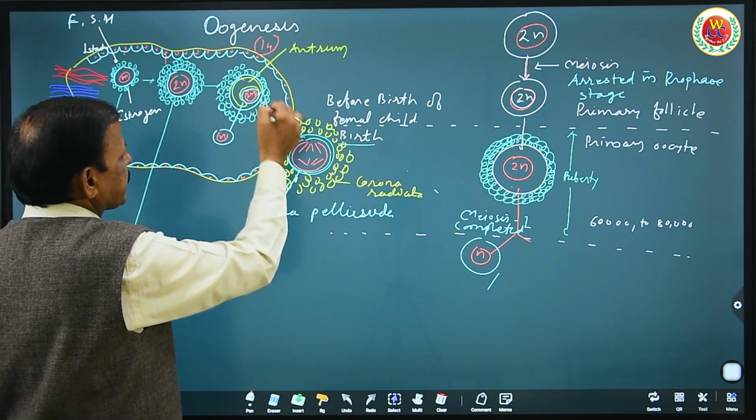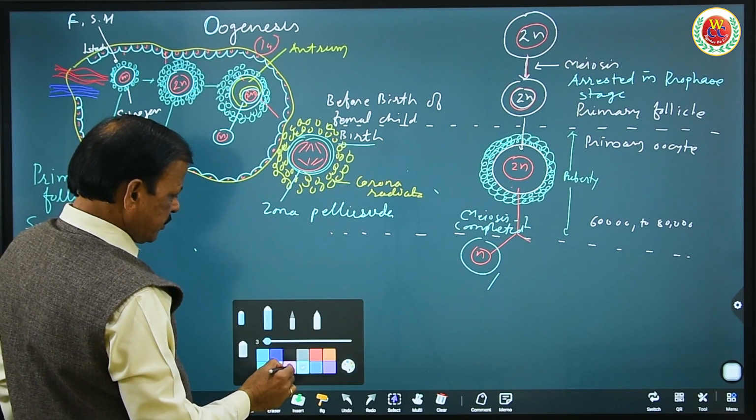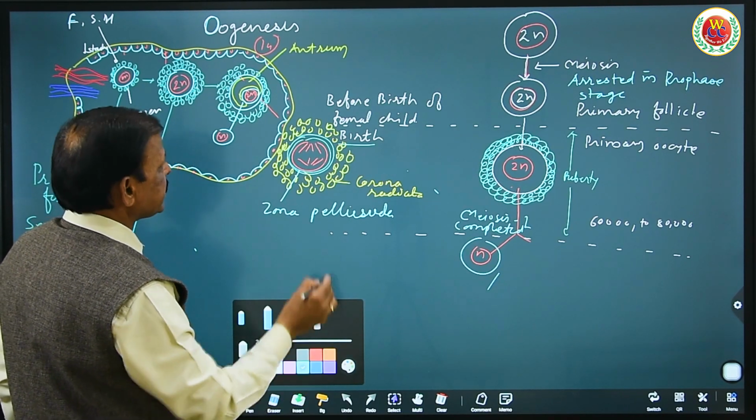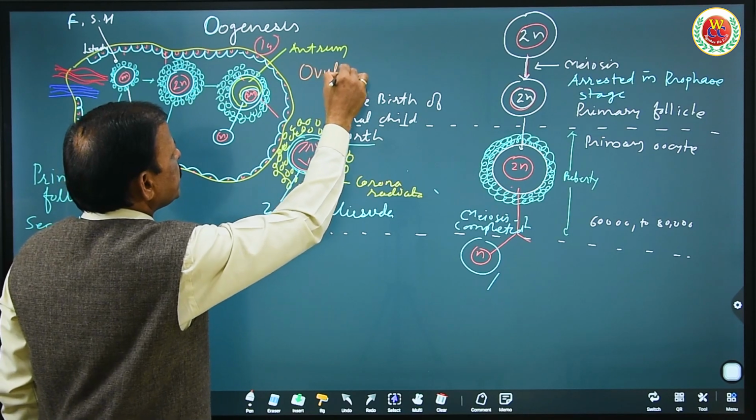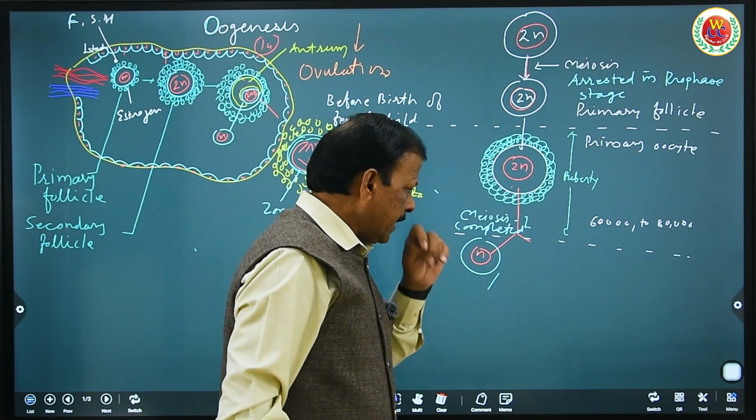So this process of release of this secondary oocyte is called ovulation, it occurs on 14th day. But how did it happen?